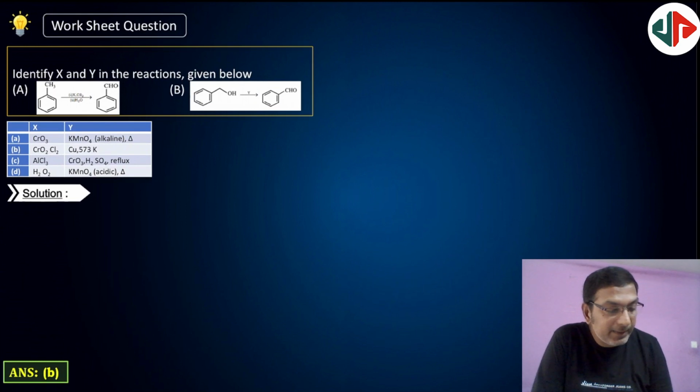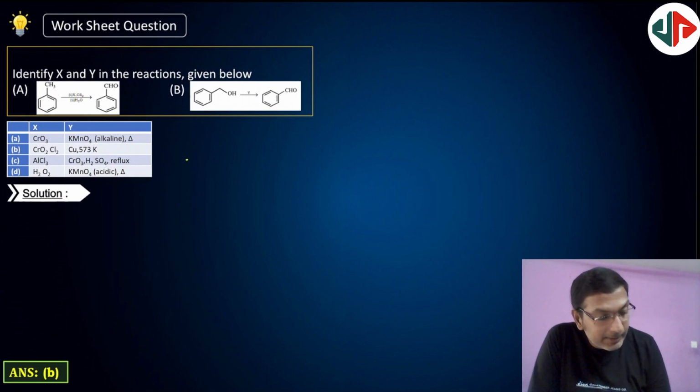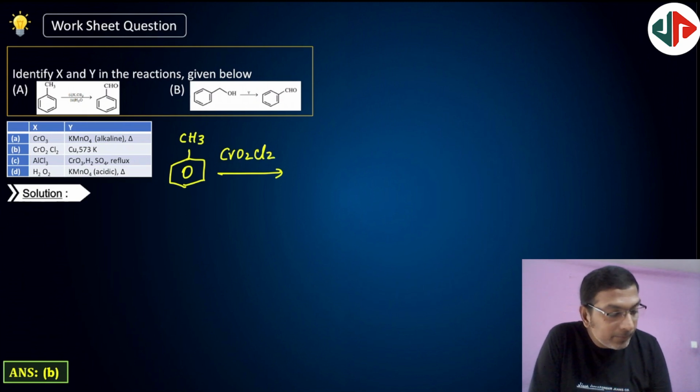Identify X and Y in the following reactions. So the first reaction is toluene gives benzaldehyde only in the presence of chromyl chloride in the solvent CS2.